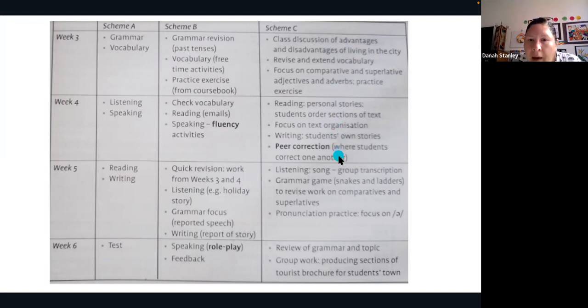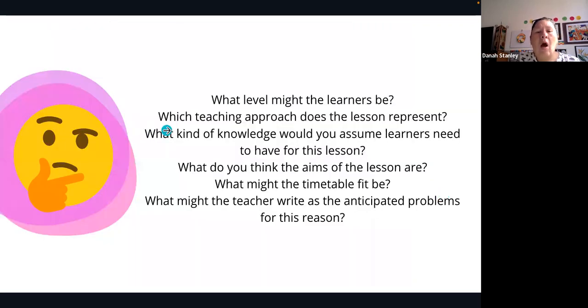Then they have this capacity of listening, recognizing words, and writing. They are analyzing phonemic symbols. And they are working with reported speech. So probably yes, they are intermediate.